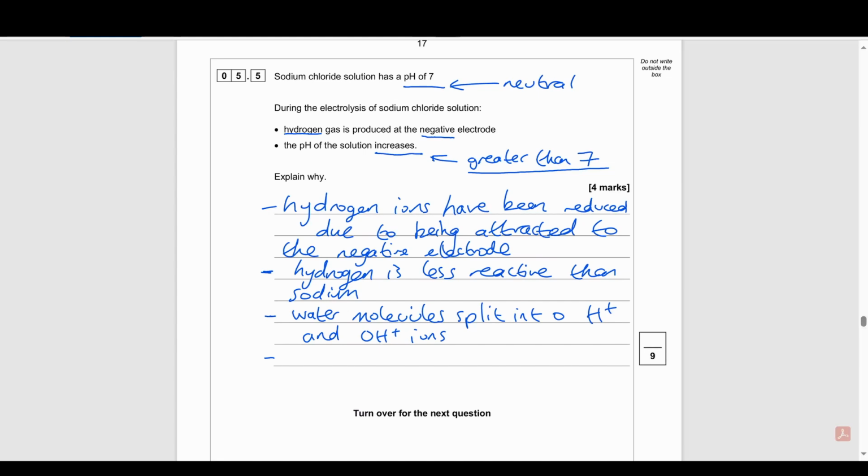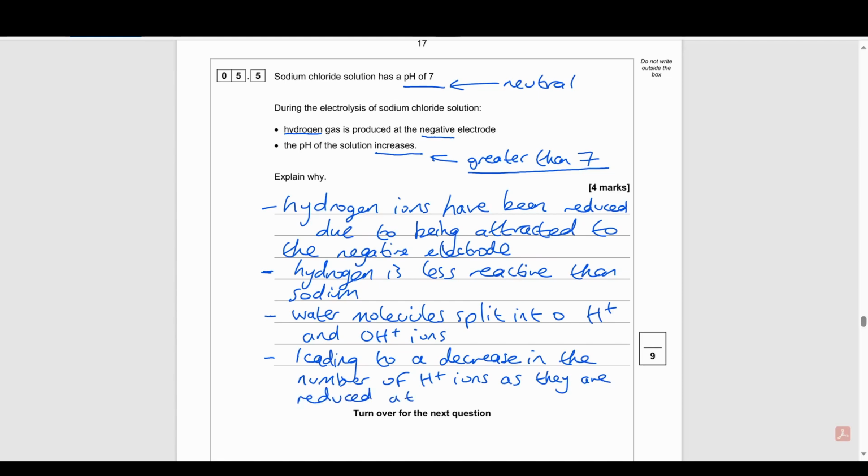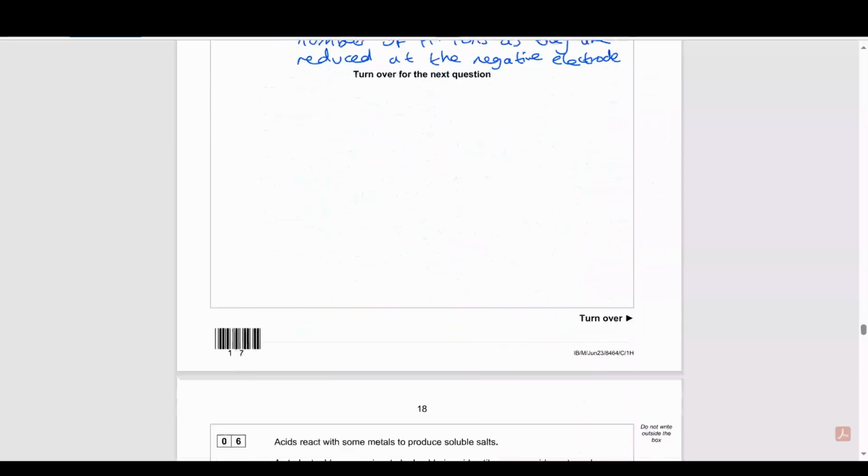And due to the hydrogen ions being reduced, there'll be a decrease in the number of hydrogen ions, and therefore that will lead to an increase in the pH. There we've addressed both of the bullet points in the answer. I should be getting all 4 marks.